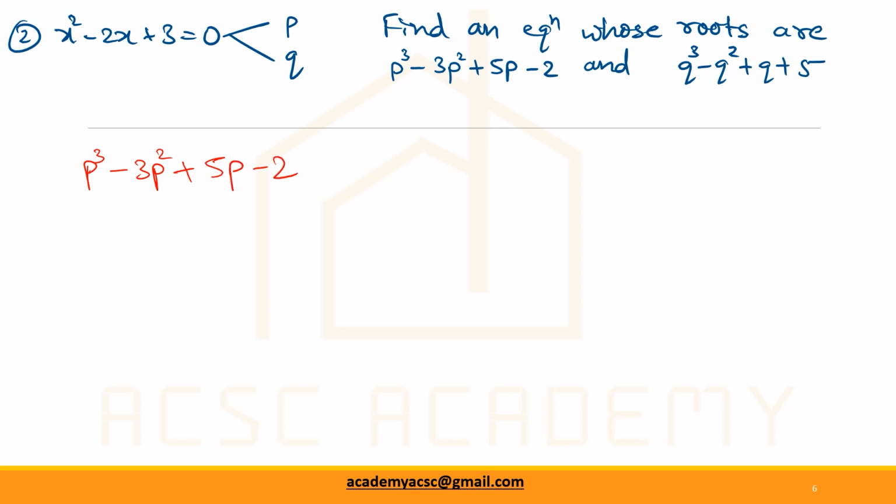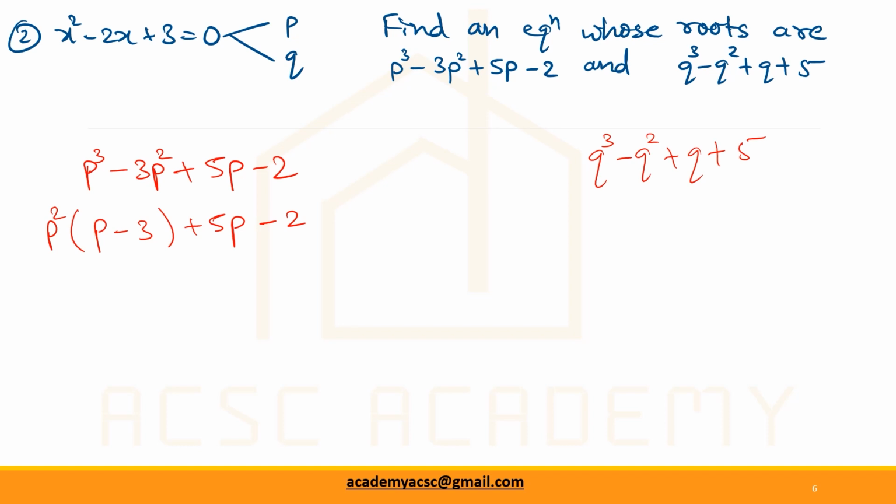The next one is this plus q plus 5. Let us try to simplify these a bit and see if it gets converted into some simpler, familiar format. Here if we take p squared common, then we will get p minus 3 plus 5p minus 2.